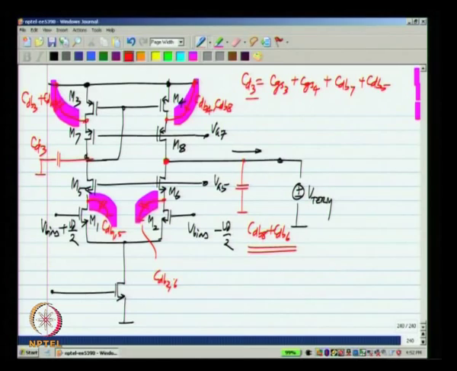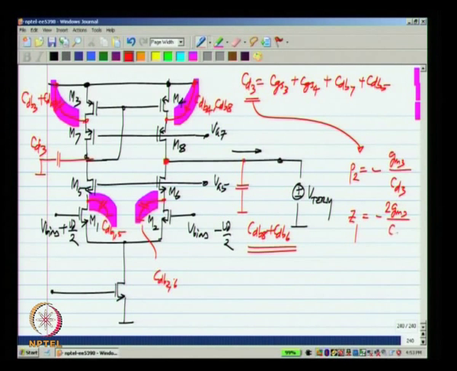So, the effect of CD3 is that we will have a non-dominant pole at minus GM3 by CD3 and a non-dominant 0 at twice that frequency. The dominant pole can be calculated from the output resistance of the transconductor and the integrating capacitor that you have, C.